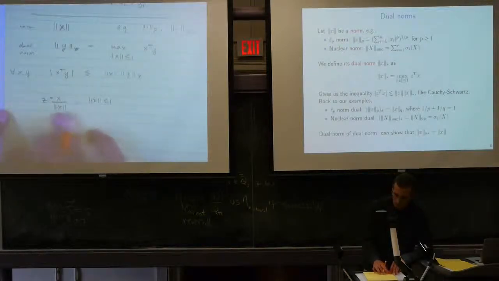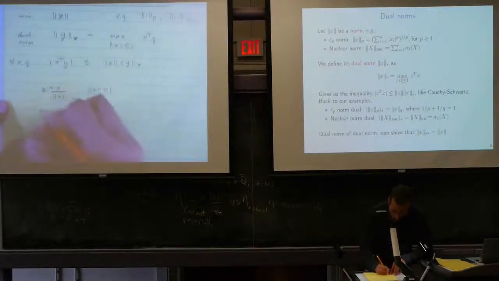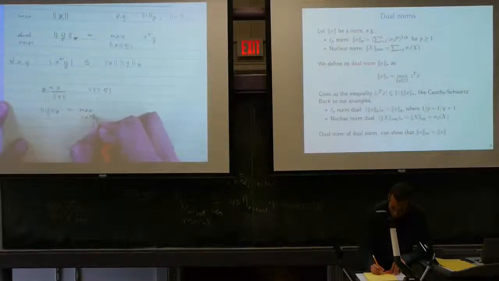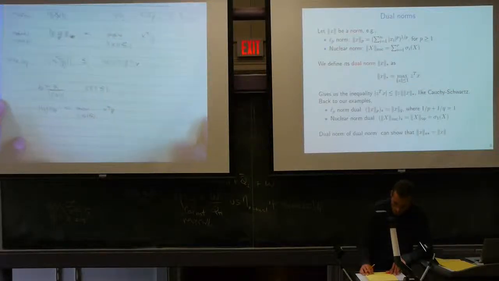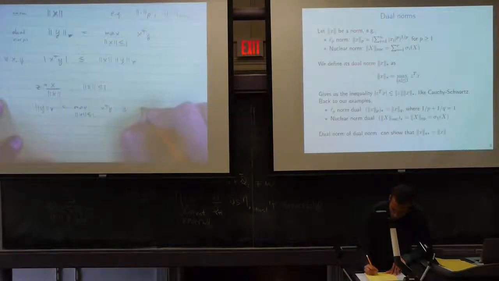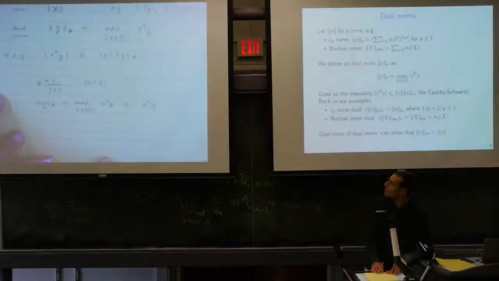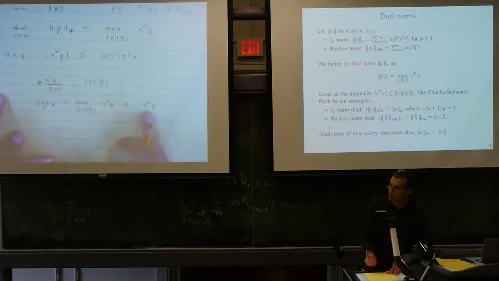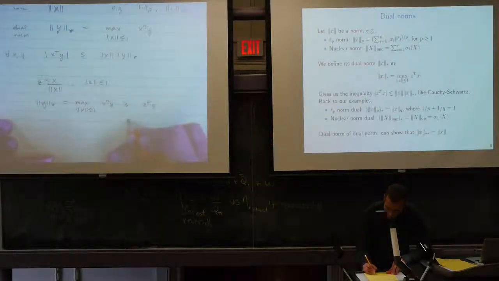That just comes from the fact that I've scaled x by its norm. And I know that y star is the maximum over all points x with norm less than or equal to 1 of x transpose y. So it's certainly bigger than or equal to z transpose y, because this is just one candidate, and it's the maximum. So it's certainly going to be bigger than or equal to one candidate. z has norm 1. And what's that? That's x transpose y over the norm of x.